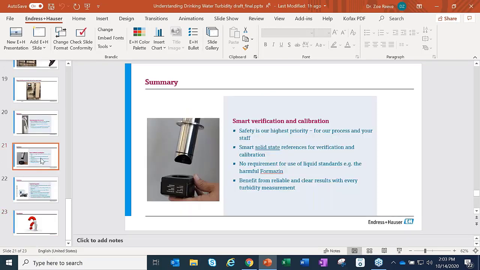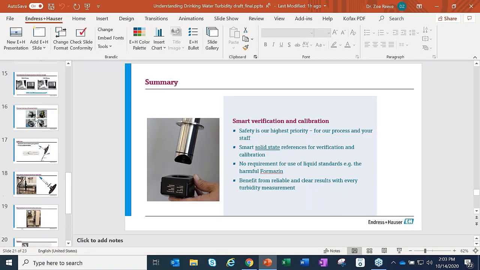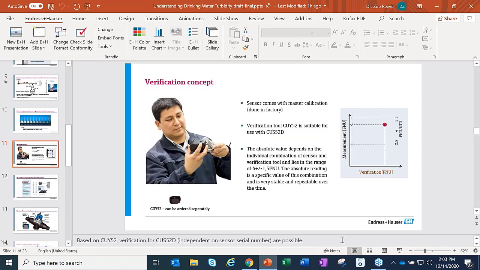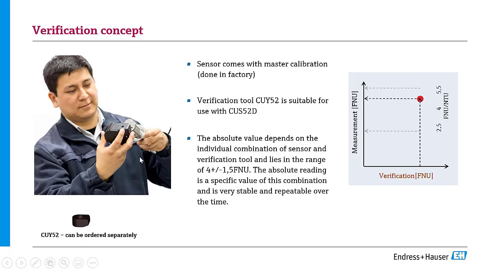Let me jump back to the slide that talks about verifications. When we use our verification tool, we have this solid state tool and it pops onto the end of the sensor. When we look at the output of the sensor, we're going to get some value very close to 4, specifically 4 plus or minus 1.5 NTUs.